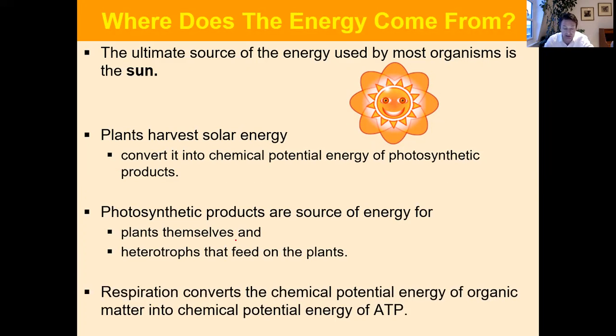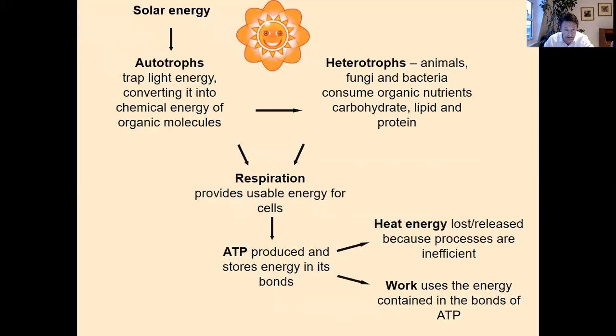Now, respiration is about taking the chemical energy of the organic matter, of the carbon-hydrogen bonds which have been produced by the plant, and then using those to produce the electrons, which can then be used to make the ATP. And we'll talk about that in some detail. So we start with light energy, which is used by autotrophs. Well, if it's light, then remember it's going to be photoautotrophs. These are going to trap the light energy and turn it into molecules that can be used by other things.